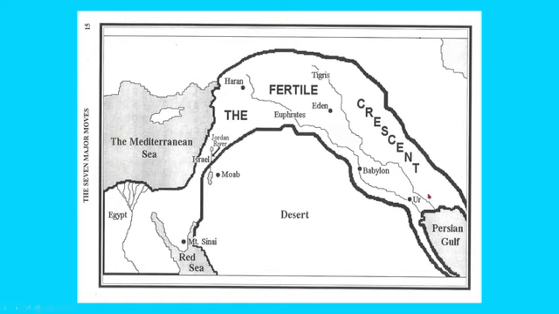Now, we had 7 major moves of the children of Israel. Of course, everything began in Eden, so our first move was from Eden to down here just north of the Persian Gulf. God spoke to Abraham and told him to move away from his people to a land that God would show him.